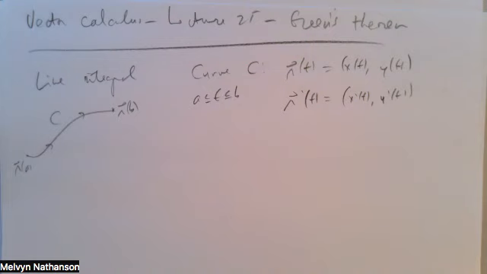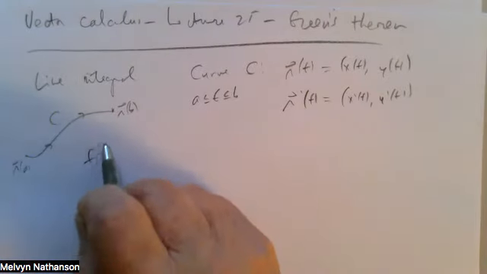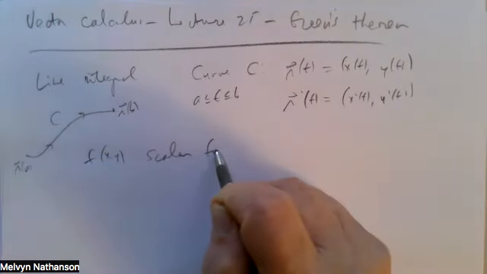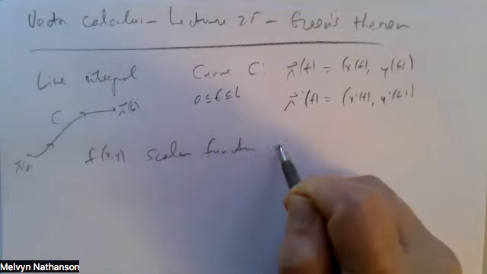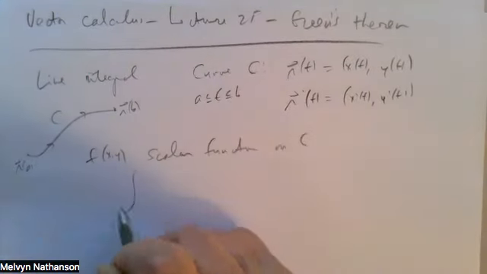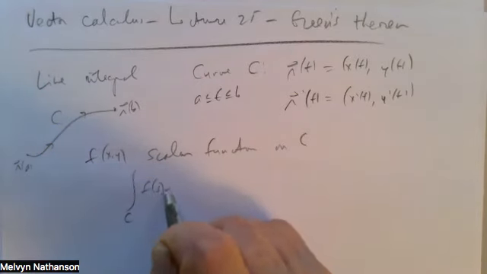And in some region that contains this curve, we have a scalar function, or we might have a vector function. So in the case of a scalar function, suppose f of x y is a scalar function defined on C. Then we define the line integral along C of f of s ds.